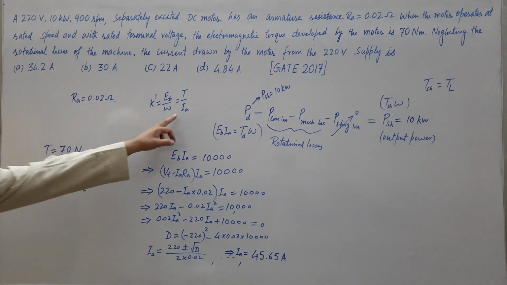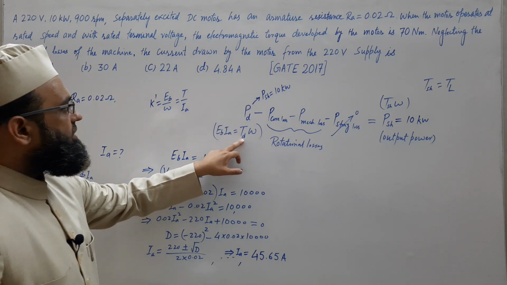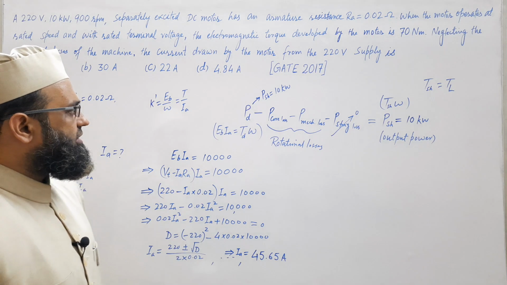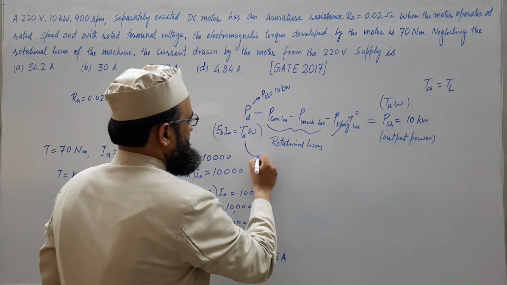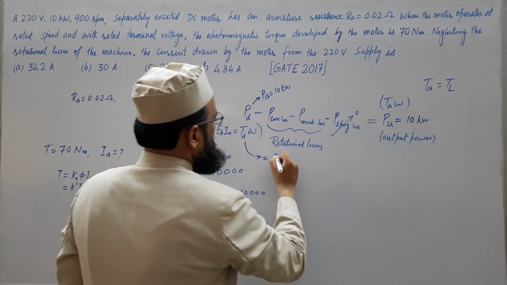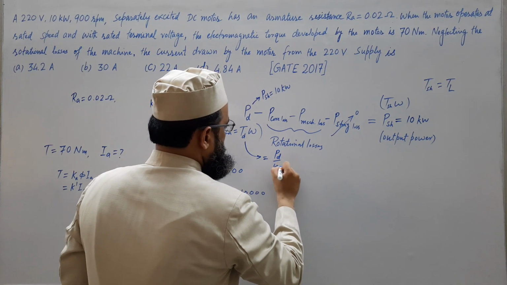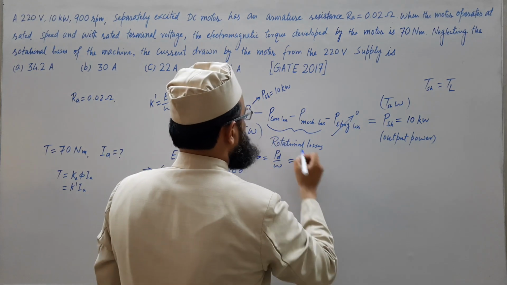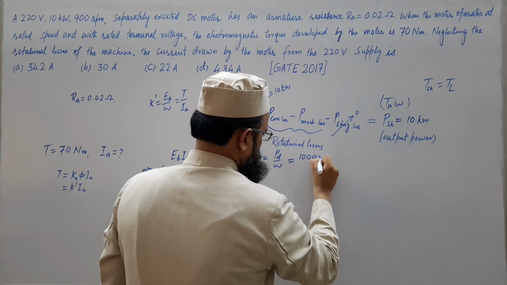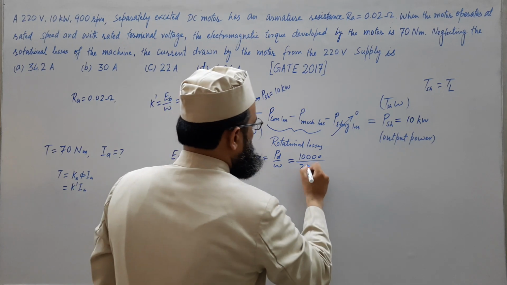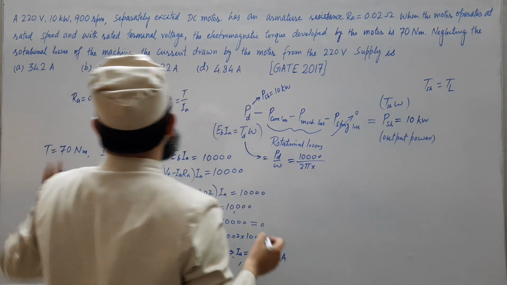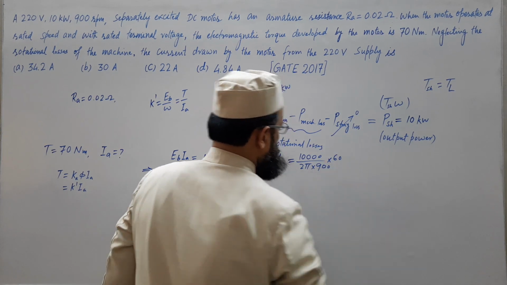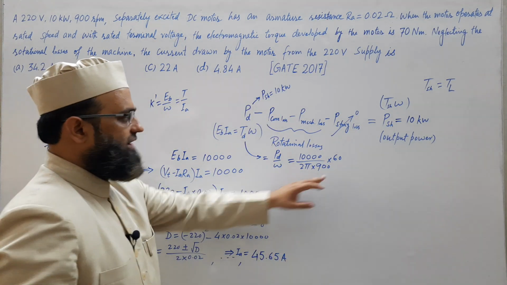So Ia is known, and the developed torque, from the developed power, can be known from the rating itself, right? So this TD may be written as PD by omega. PD is 10 kilowatt, and omega is 2 pi N by 60, speed in RPM 900, right?